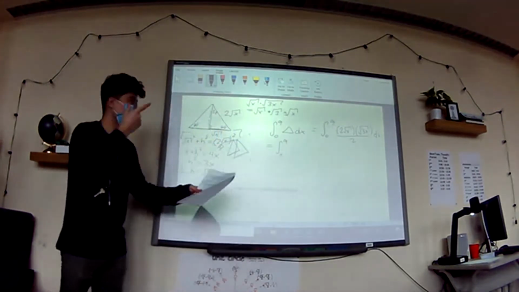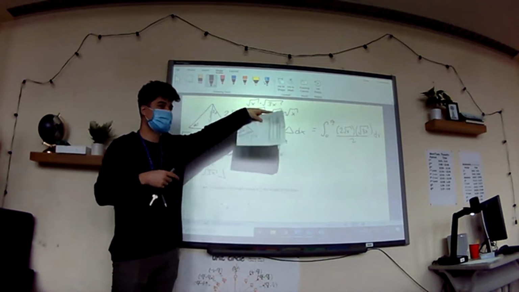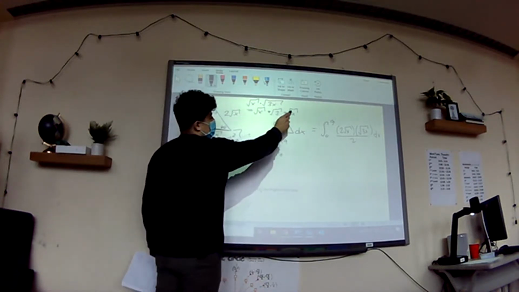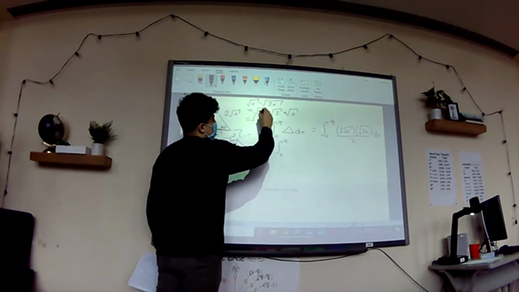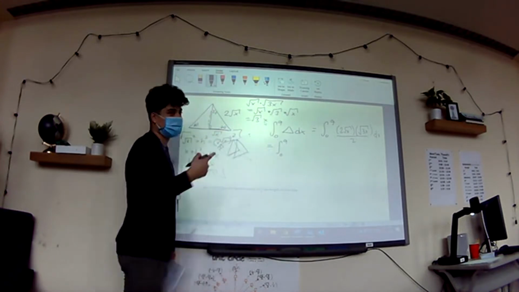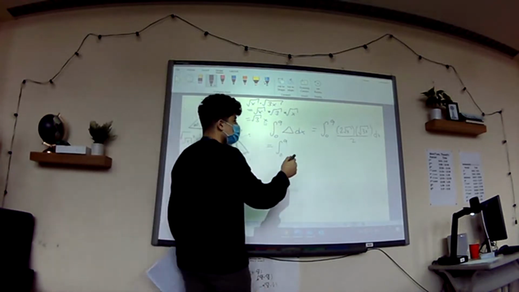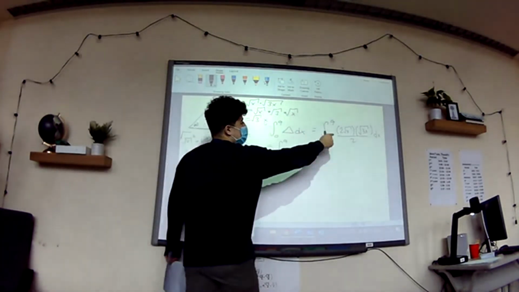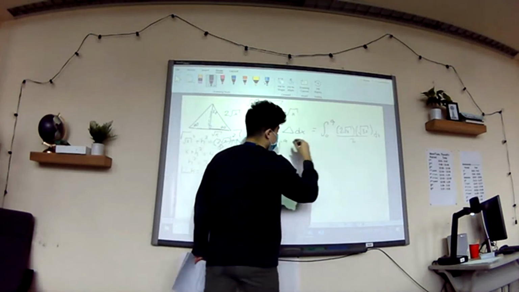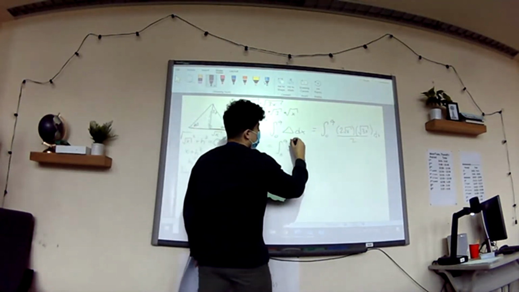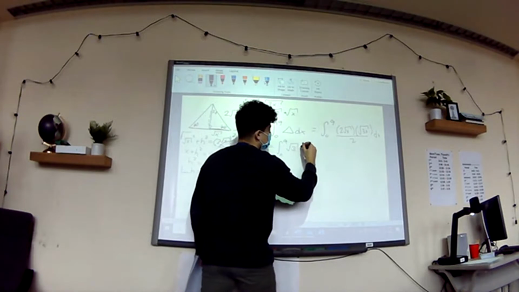Multiplication plays nicely with square roots. You can split it up like this. And then square root of x times square root of x is just x. So putting all that together, 2 divided by 2 cancels. Square root of x times itself is just x, and then I still have a square root of 3. The square root of 3 times x.